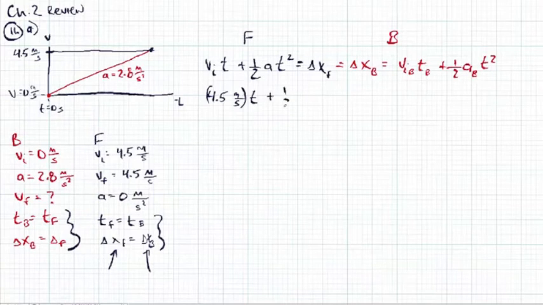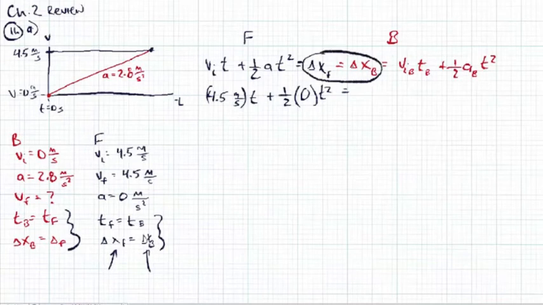Plus 1/2 times the acceleration of the friend. Well, I shouldn't have written the A there. I should have written what the acceleration is. What is it? It's 0. Times 0, that'll be easy, times t squared equals, we'll see how these two are equal to each other.